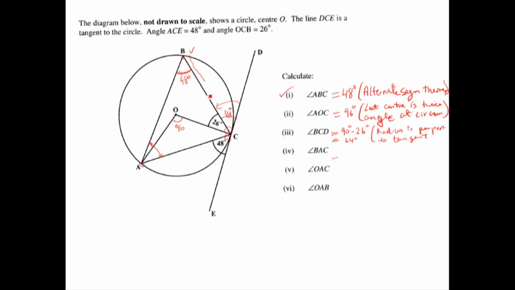We're noticing that chord BC is pointing towards angle A. So chord BC cuts the circle into two segments, the minor segment and the major segment. The angle in the minor segment is 64, and the angle in the major segment at A should also be 64 degrees. So angle BAC is equal to 64 degrees. And this is the alternate segment theorem as well.